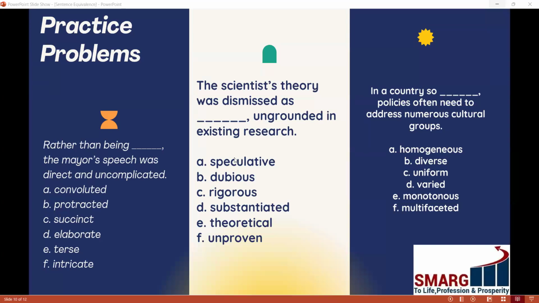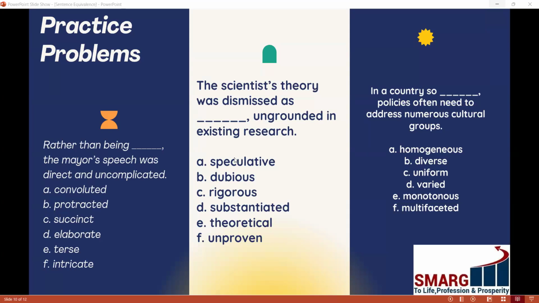Substantiated cannot be. Rigorous cannot be. They're complete opposites. Dubious is an unfitting adjective. It's a very vague adjective if you're talking about a theory, because the theory has been dismissed in a particular way. So here comes in the concept of register. Again, what is register? Every particular situation has a befitting set of vocabulary that is applicable to that particular thing.